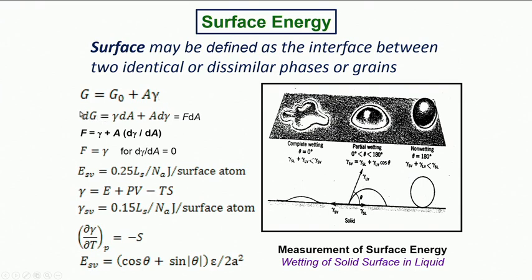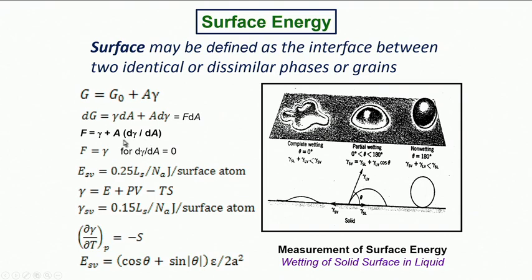Now, the Gibbs energy, when you differentiate, can also be equated to the force times the incremental increase in area. So when you create a crystal or when you create a surface, the work that you do, there will also be a Gibbs energy component associated with the creation of the surface.